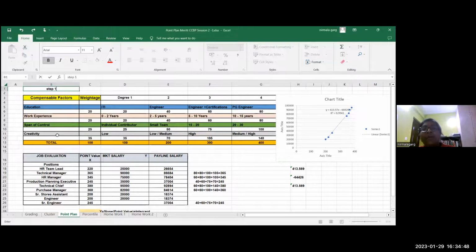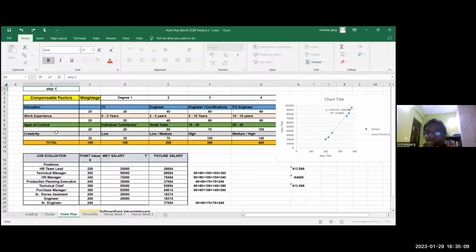Okay, but your grades, your degrees, we'll talk about that. So you can have compensable factors, on the higher side, even max 10, depending on the organization's characteristics. That's it. So step 1, compensable factors.